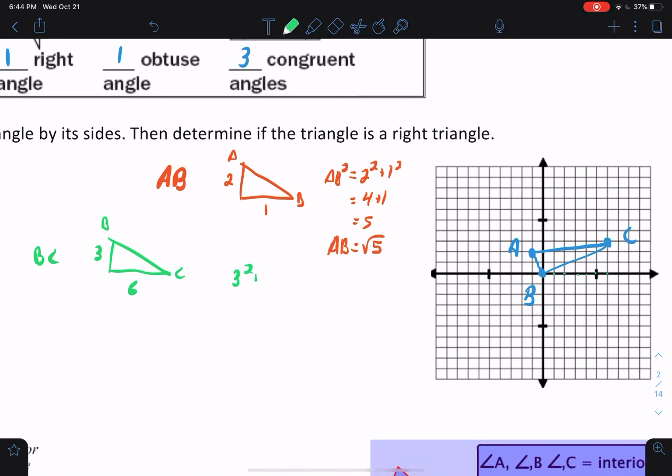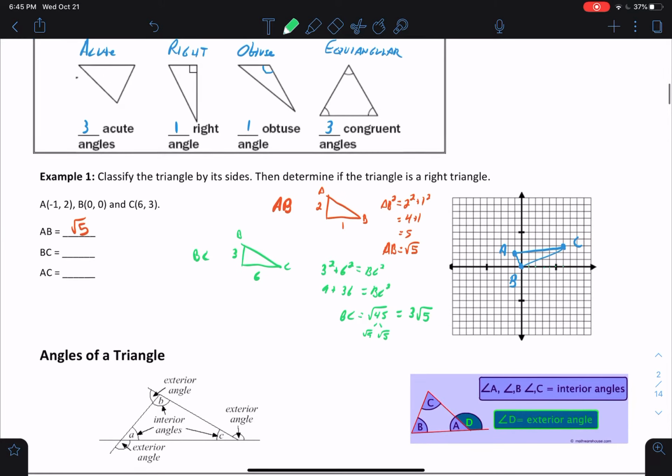So 3 squared plus 6 squared is equal to BC squared. 3 squared is 9, 6 squared is 36, so BC is the square root of 45. If I break this down, that's the square root of 9 times the square root of 5, which is 3 square roots of 5.